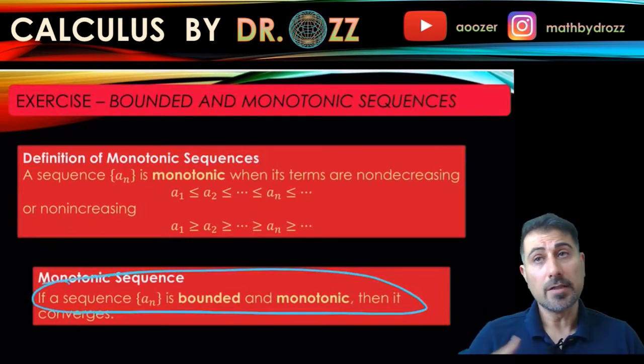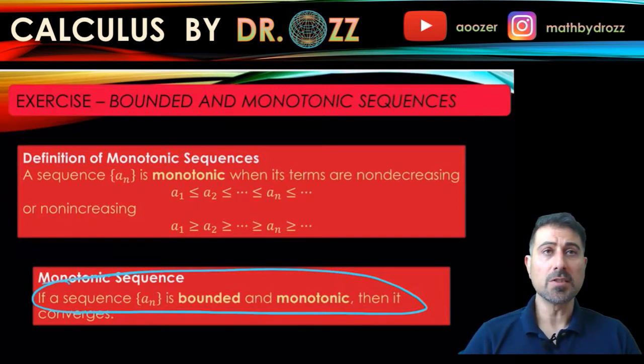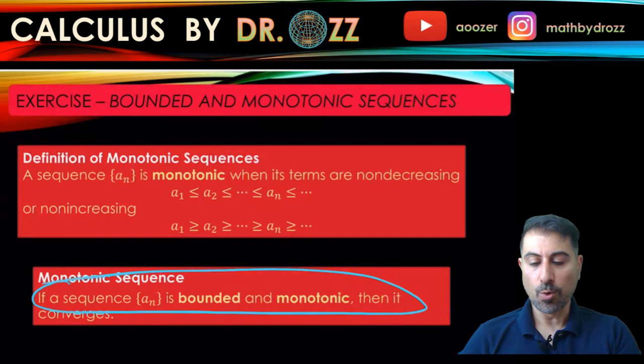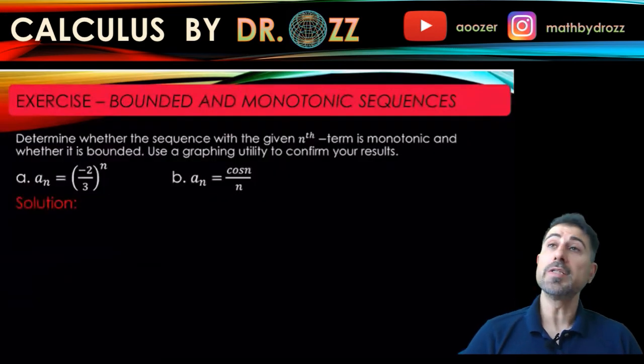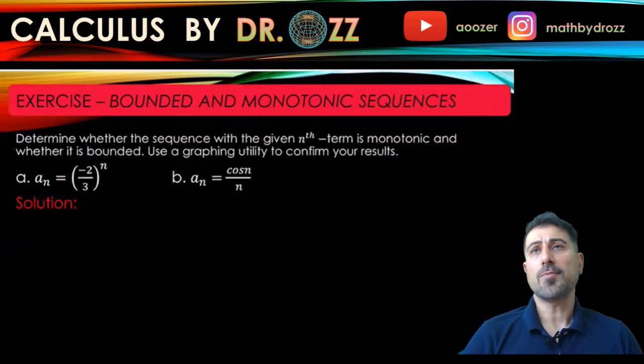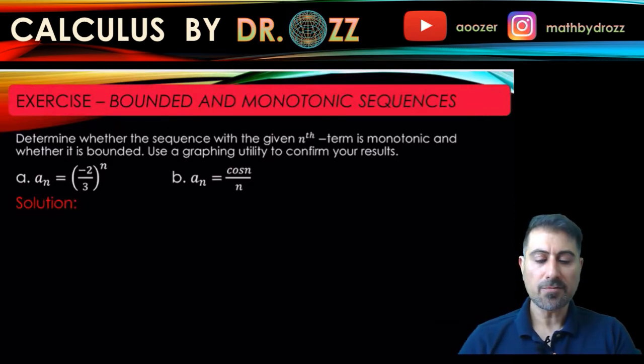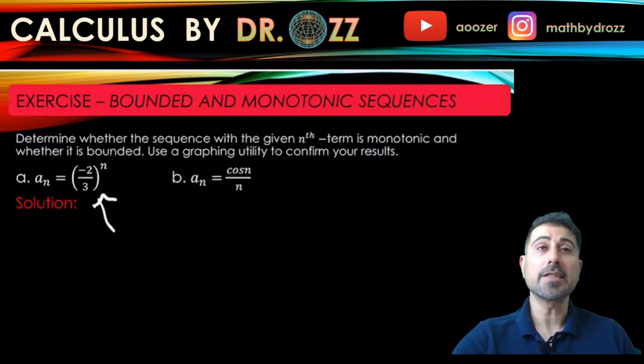Okay, the sequence may still be convergent, but we can't use this result at least for the first sequence -2/3 to the power of n. So in the next step, let's check a_n equals cosine n over n. But before we jump into that, why don't we graph this sequence here and see how the graph looks like.